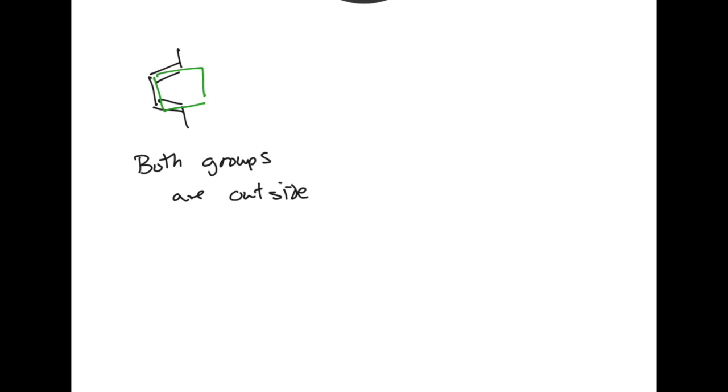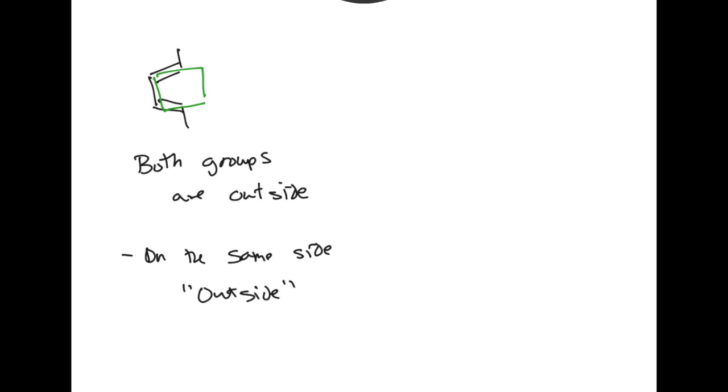So if they're both outside, I'm saying they're on the same side, and that side is outside. Both groups are outside the box, they're on the same side.